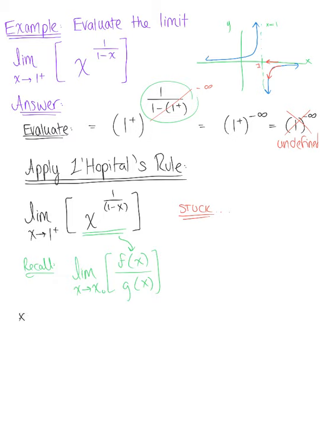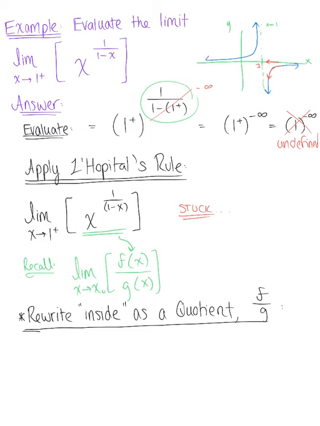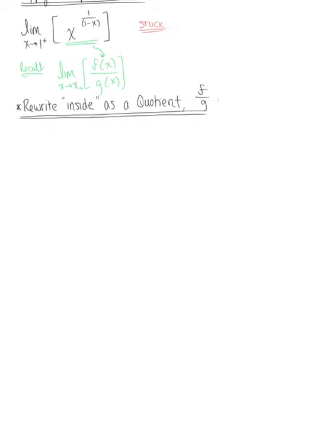In order to rewrite the argument as a quotient, we're going to have to slightly manipulate our function. So we want to rewrite it as a quotient f over g. In order to do this, we actually want to consider the function that this limit is coming from.